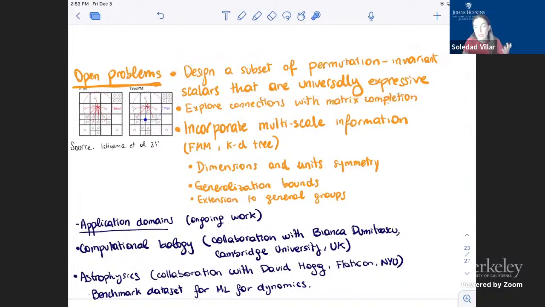So the function would be invariant with respect to permutations. For instance, the sum of the inner products is invariant, but that's not universal. So I will need to take the sum of the inner products, and then the sum of the squares of the inner products, and the sum of the cubes of the inner products, etc. And I don't know how that will perform.